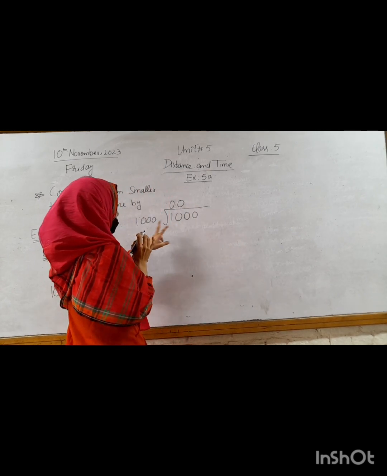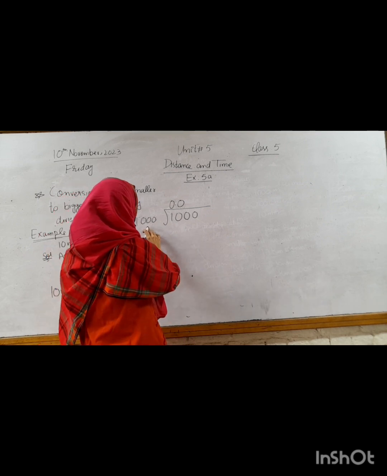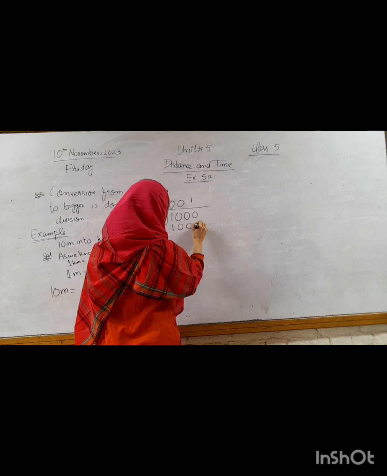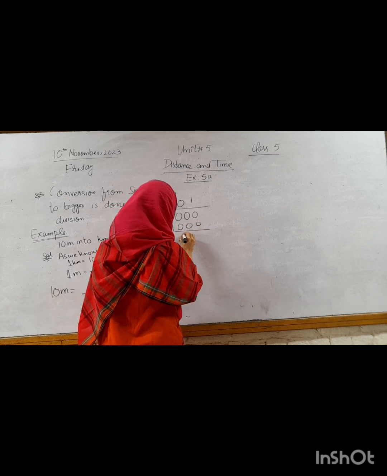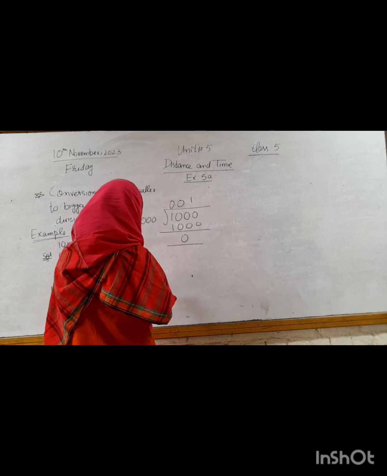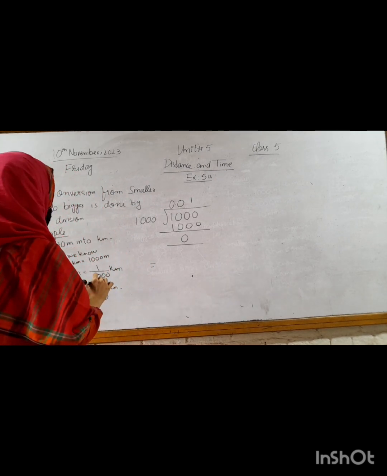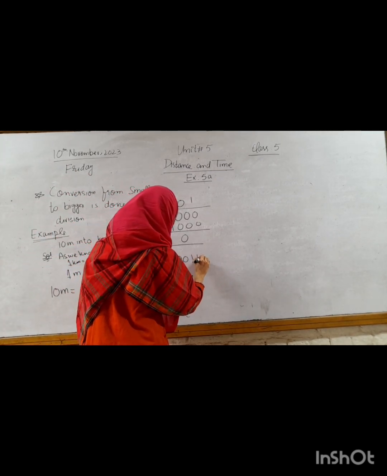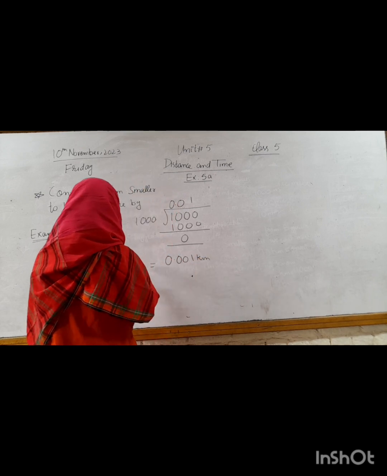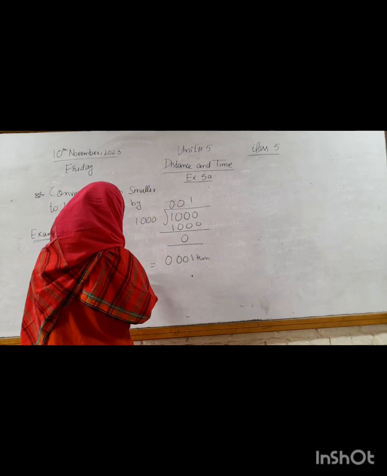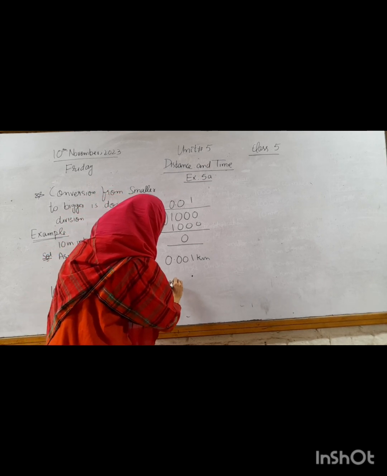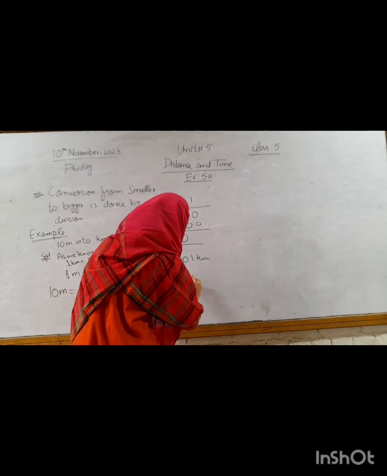Now we have same quantity. So we will divide it, 1 by 1000. So this is the way how we convert meter into the kilometer. 10 meter is equal to 0.001 kilometer.